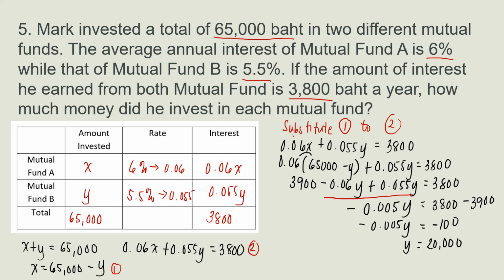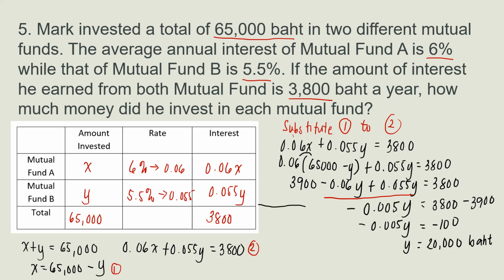baht, because our unit is baht. It's Thai money. So for mutual fund B, he invested 20,000 baht. For us to get how much he invested for mutual fund A, we will just substitute it into our first equation.